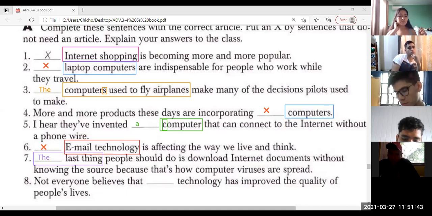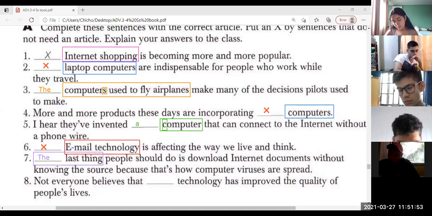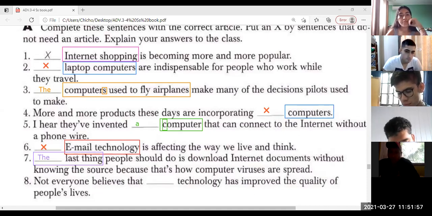What about the last one? Diego, please. Not everyone believes that technology has improved the quality of people's life. Why? We don't use an article because technology is uncountable. It's uncountable, right?